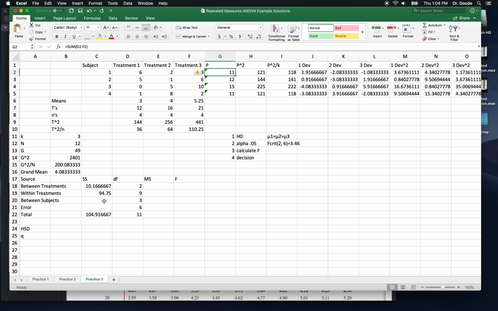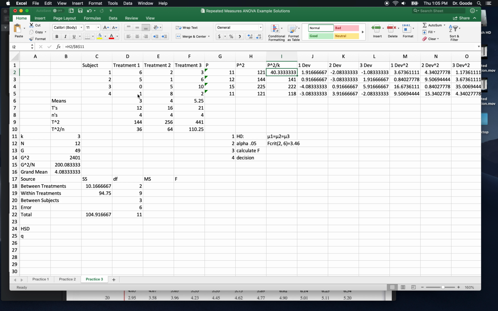I know what I did. I subtracted the grand mean instead of g squared over big N. Let's make sure I didn't do that here. Okay, that's right. Did I do that here? No, I did that right. Let's do this again. Between subjects is the sum of p squared over k. That's what's wrong. Those can't be p squared minus k's. I subtracted k instead of dividing.